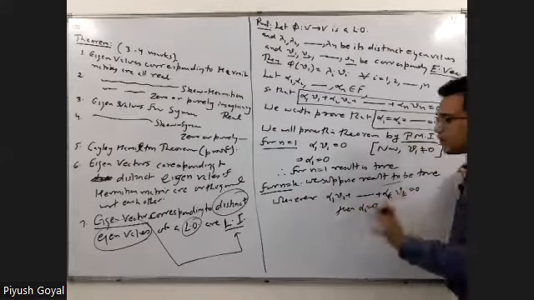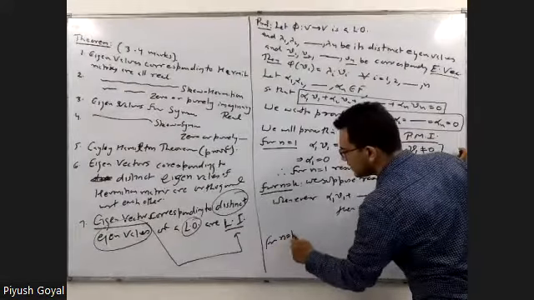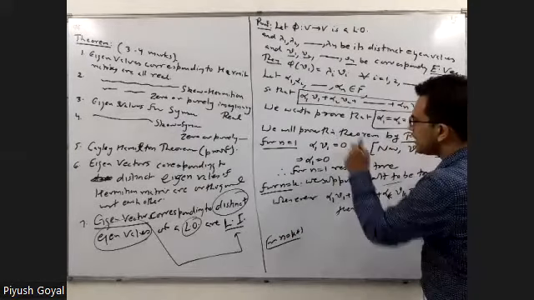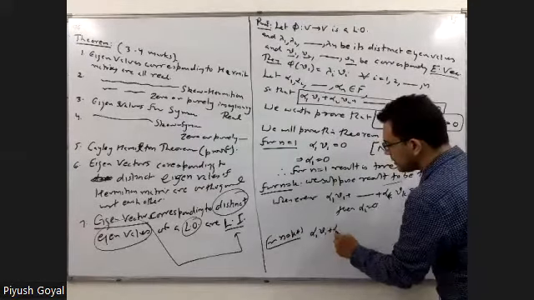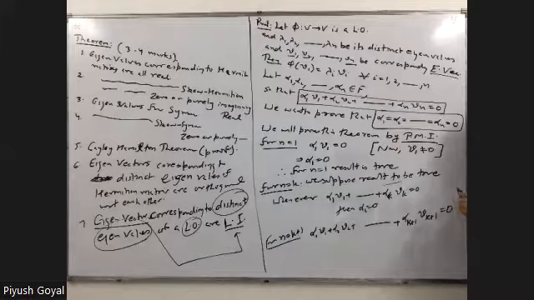I hope this is clear. This is called the induction hypothesis. Now for n is equal to k plus 1, we have to take alpha 1 v1 plus alpha 2 v2 so on up to alpha k plus 1 vk plus 1 is equal to 0.